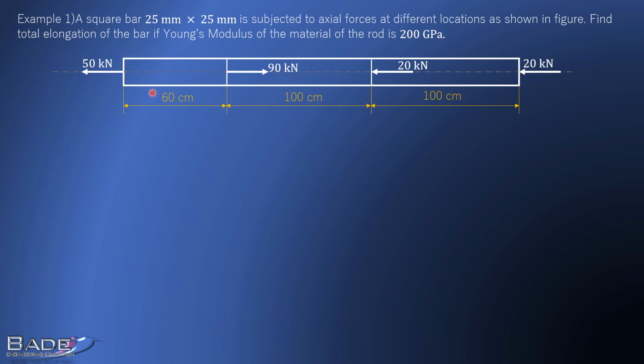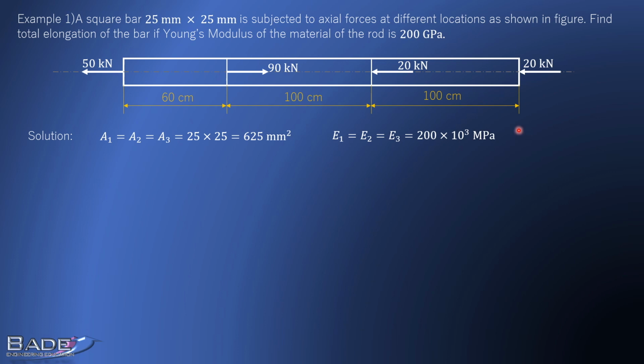We are going to treat it as 3 bars rigidly connected to each other in series. Why? Try to understand. These 3 different portions of the bar are carrying 3 different loads. Check, there are forces at intermediate sections. Cross-sectional area: it is a square cross-section, 25 millimeters by 25 millimeters, and for all the bars it is the same cross-section.